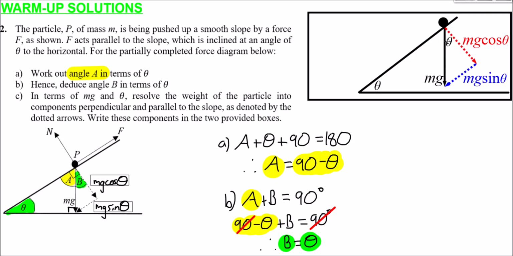So this angle and that angle will always be one and the same. Therefore, we can resolve the component of the weight. The component of the weight which is perpendicular to the slope acting downwards is mg cosine theta, and the component of the weight acting downwards and parallel to the slope is mg multiplied by sine theta.